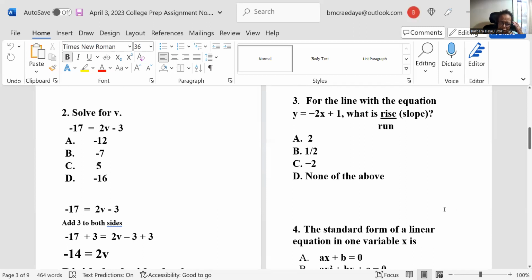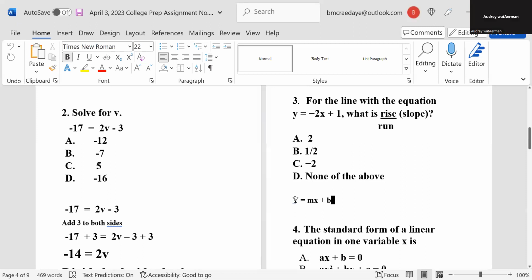Okay, now let's go to number 3. I think I told you there's an equation y equals mx plus b, a slope intercept equation. Now that's the general format.